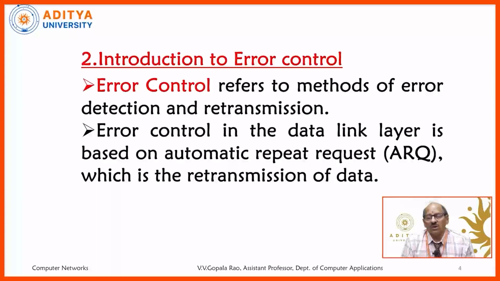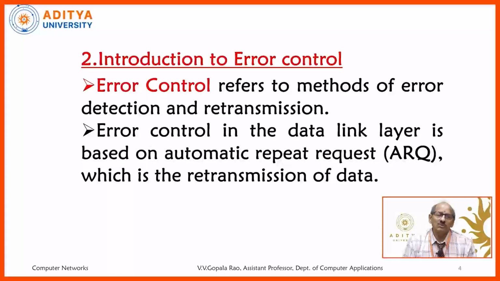That means whatever frames we send from the sender to the receiver, sometimes the frame may be lost, or sometimes the frame may reach the destination after the time has expired. These are the problems we may face whenever the transaction is taking place.